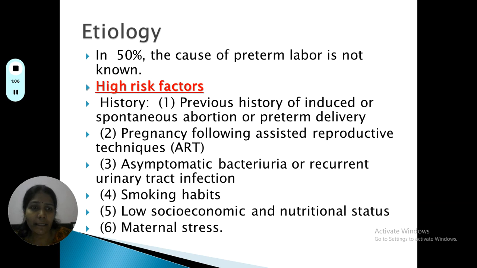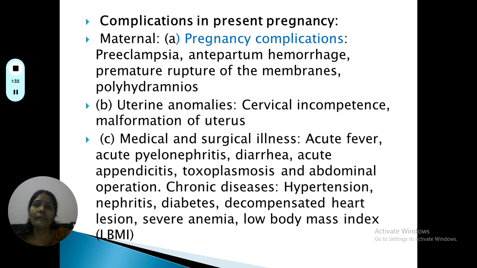Pregnancy following assisted reproductive techniques, asymptomatic bacteriuria, recurrent urinary tract infections, or any infection occurring during pregnancy can also lead to a preterm labor. Smoking habits of the woman, low socioeconomic and nutritional status, and maternal stress. So these are the risk factors. Based on the history, you can ask the patient to know that she is at risk of preterm labor.